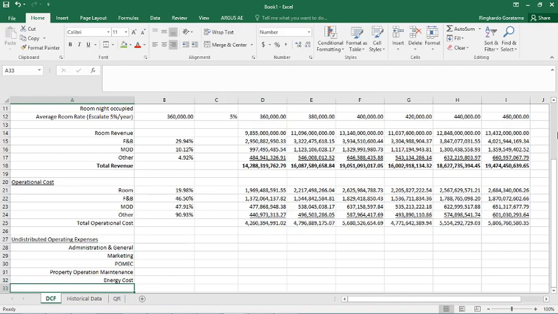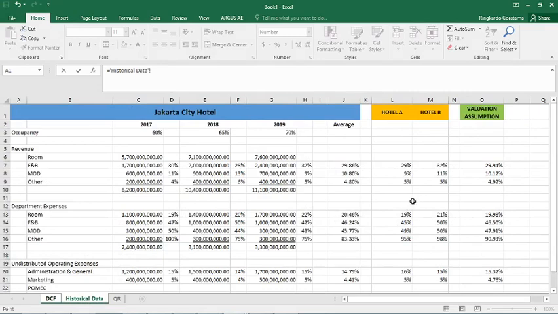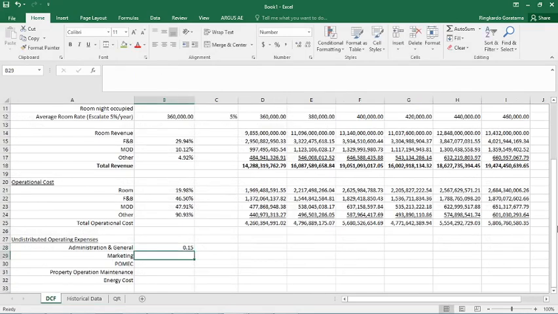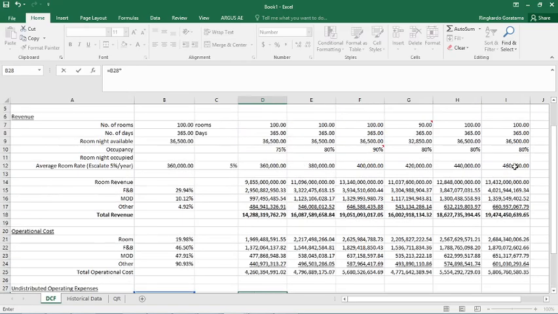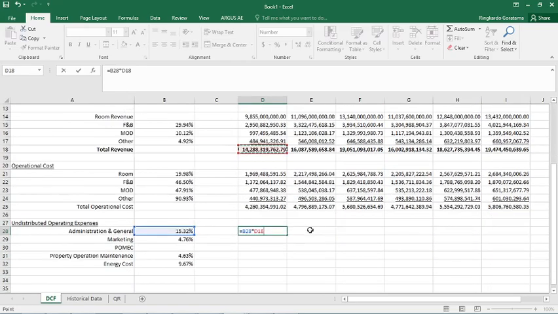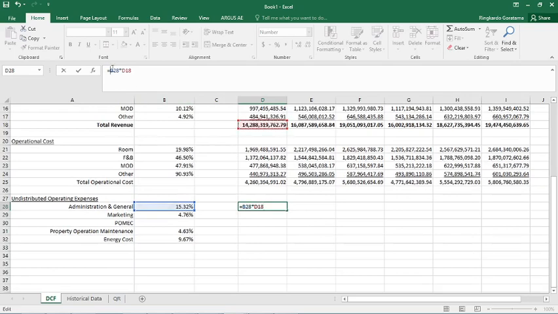Okay, so based on our analysis before, we get the percentage. So this number taken from this one multiply by total revenue. So I will lock this one and I will lock the cell.